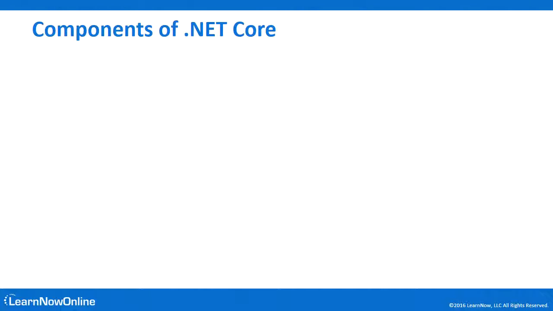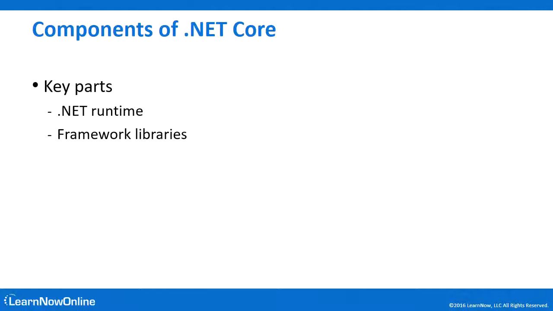Now I want to give you a quick rundown on the components of .NET Core, what all the different pieces are that you're going to be encountering. So .NET Core consists of several key parts. The first is a .NET runtime, which provides a type system, assembly loading, garbage collecting, native interop, and other basic sorts of services. If you've been using the .NET Framework, this is similar to the CLR.